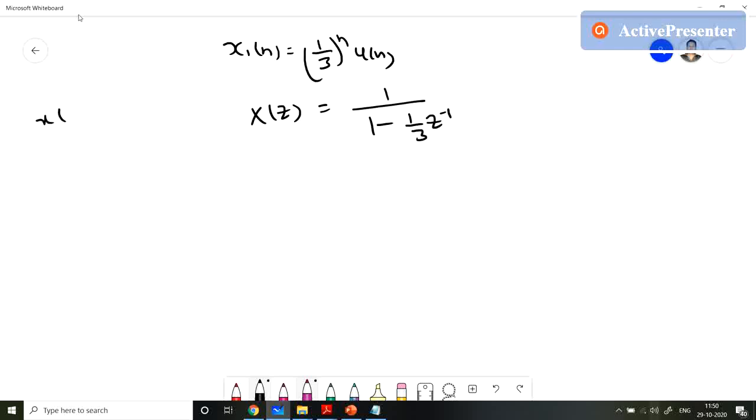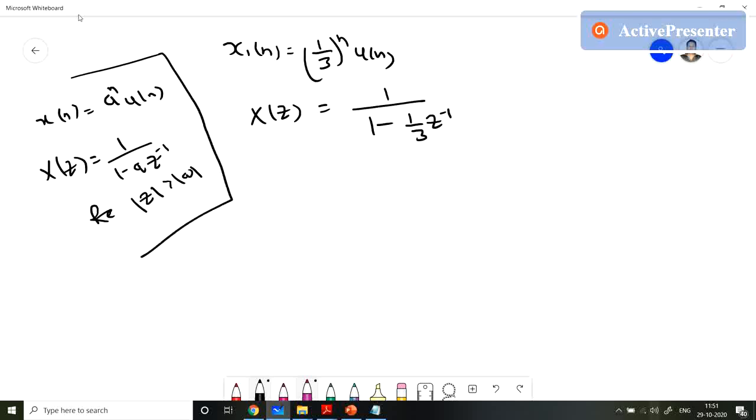It is just similar to the problem we have solved: if x[n] is a^n u[n], the z transform is 1 divided by 1 minus a z^-1, and the ROC is |z| greater than |a|. We can use this relation here. Here a is equal to 1/3, so the ROC is |z| greater than 1/3.